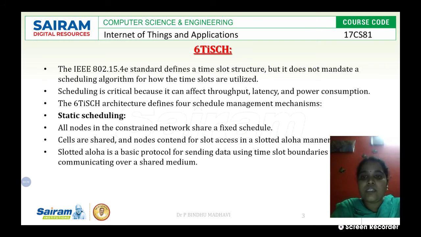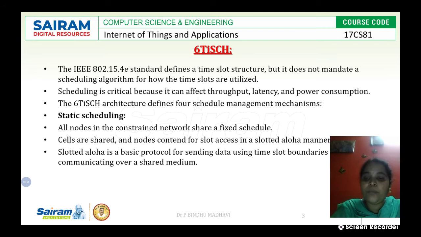So this is a standard which defines a particular time slot to communicate within the network among the nodes. When the nodes have to establish communication, it defines which time slot they should start communicating in, and there we need not go behind a scheduling algorithm for the time slots that are going to be utilized for the connectivity.